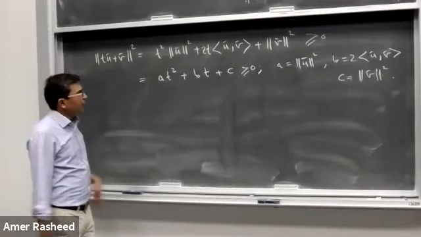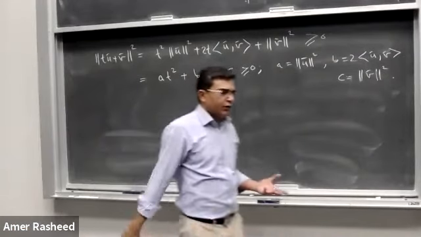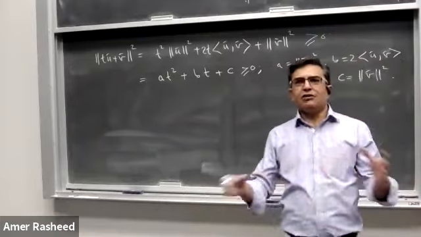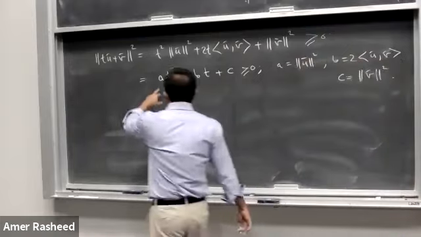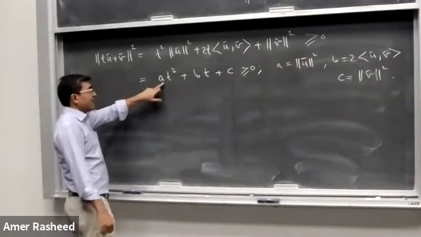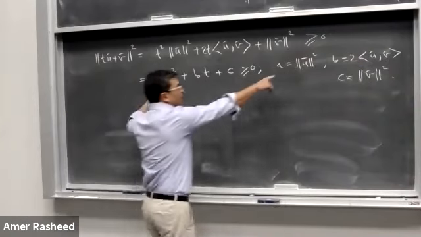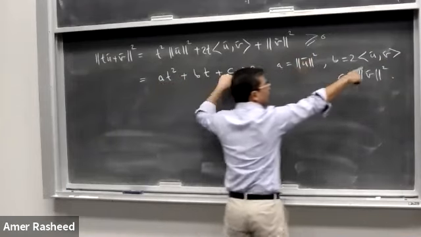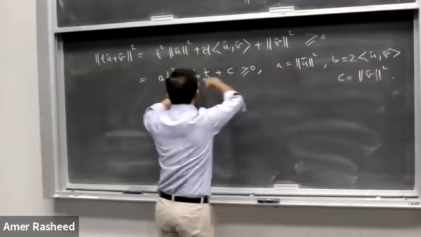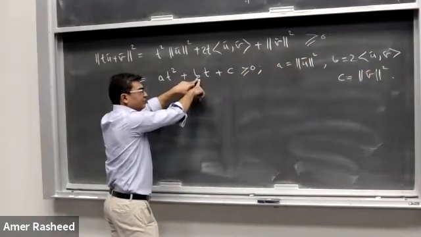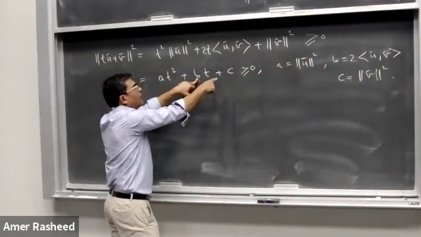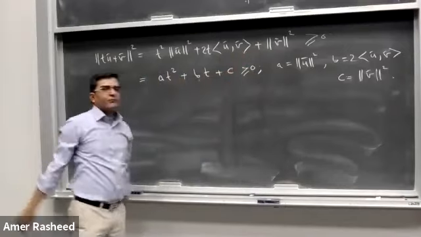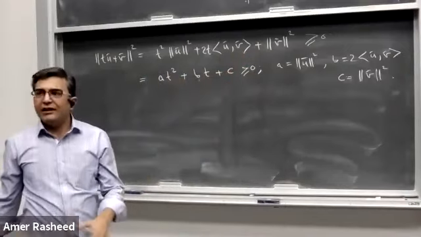If a quadratic polynomial is always greater than or equal to 0, the coefficient of t square is positive, because a is norm of u square, which is always positive. Otherwise, you cannot have this always greater than or equal to 0.